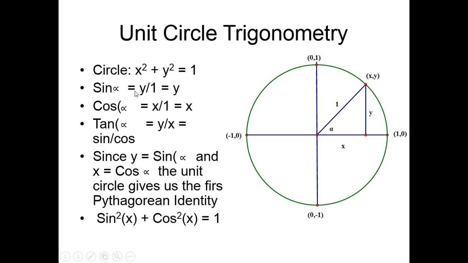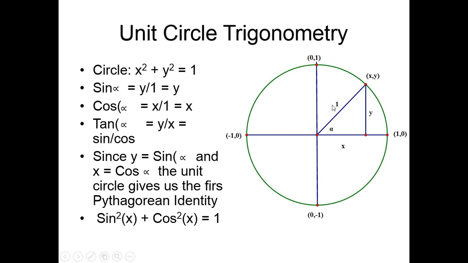The sine of the angle, by definition, is opposite over hypotenuse. So that's y over 1, or just y. The cosine is the adjacent over the hypotenuse, which is x over 1, which is just x. So the sine is the y value and the cosine is the x value.